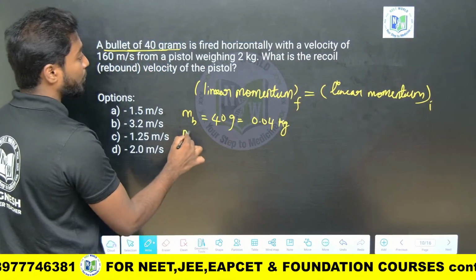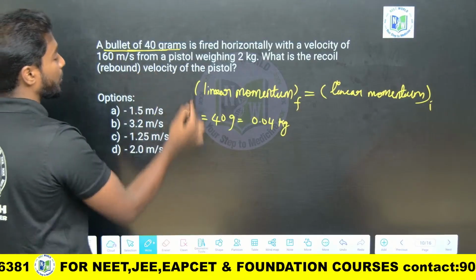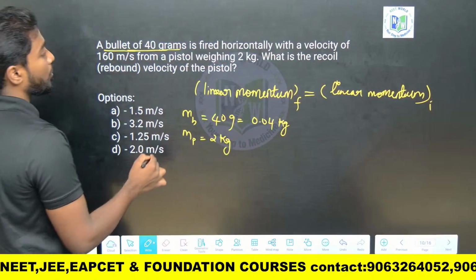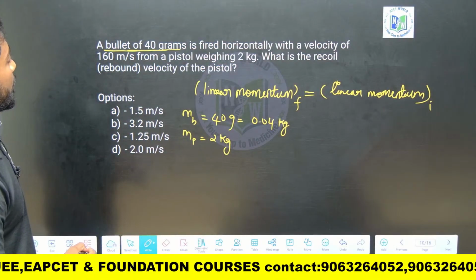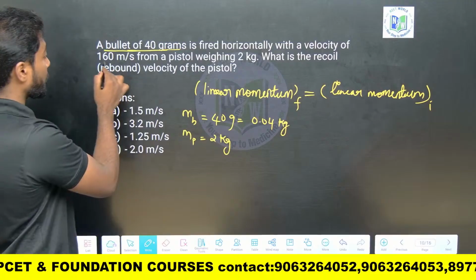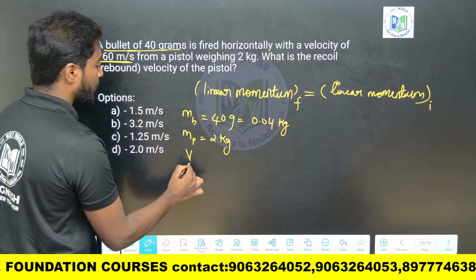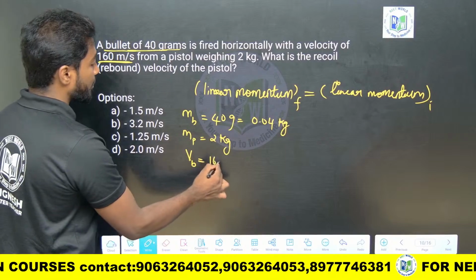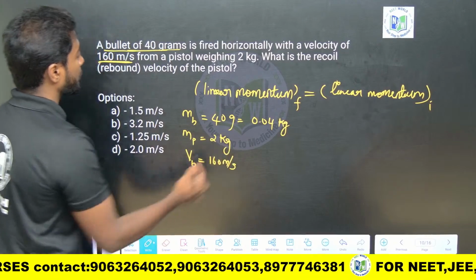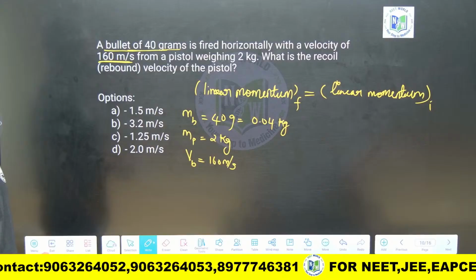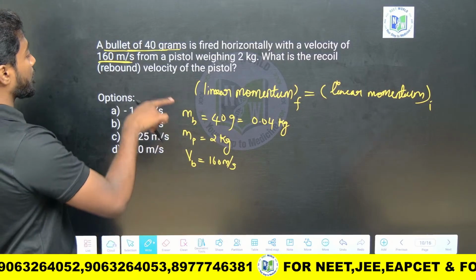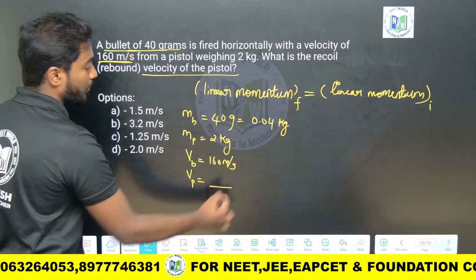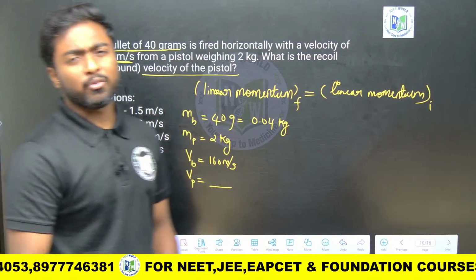And then mass of the pistol is given, pistol is 2 kg, and velocity of the bullet is given there, 160 meter per second. I need to find the velocity of the pistol here. So initially what will be the velocities of both?